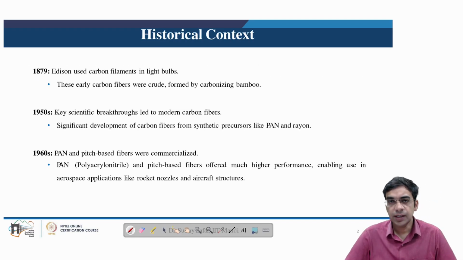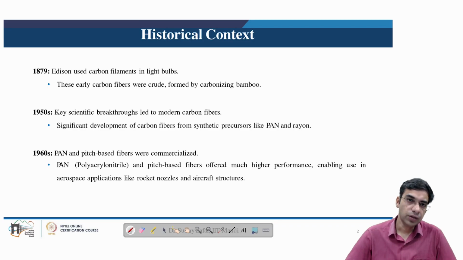So if we see the historical context of carbon fibers, carbon fibers were initially used in the 19th century by Edison as carbon filaments in light bulbs. So these early carbon fibers were crude and were formed by carbonizing bamboo. In the 1950s, significant scientific breakthroughs led to modern carbon fibers.